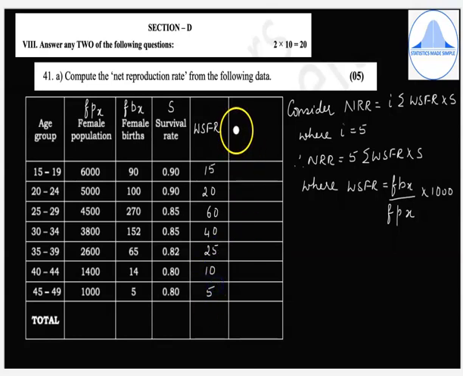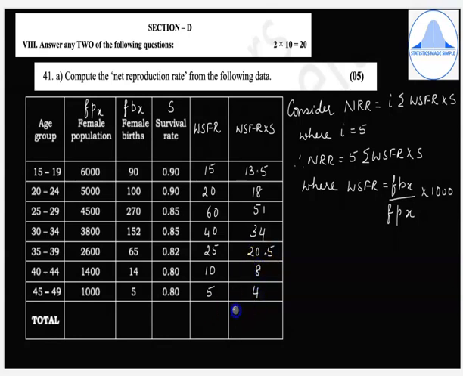The last column is WSFR into S. So it is 15 into 0.90, that is 13.5. The next one is 18. Then you have 51, 34, 20.5, 8, and 4.